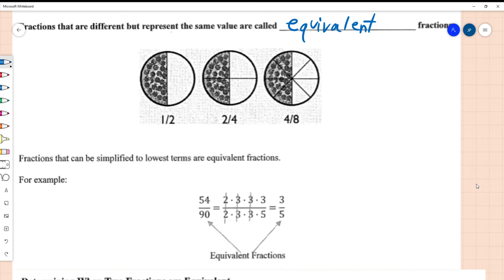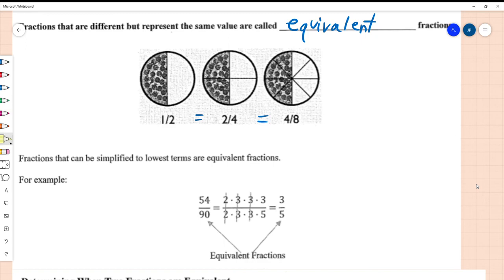And then if you have 8 slices of pizza and you grab 4 of them, then you grab half of the pizza. So again, 1/2, 2/4, 4/8 are equivalent fractions. They're equal. They represent the same amount. Any fraction that can be simplified to lowest terms, if you simplify it, it's equivalent to the original fraction.